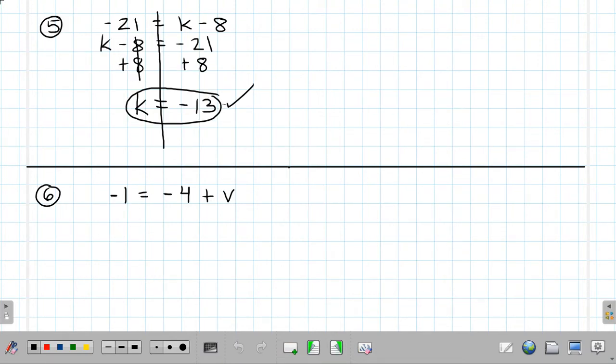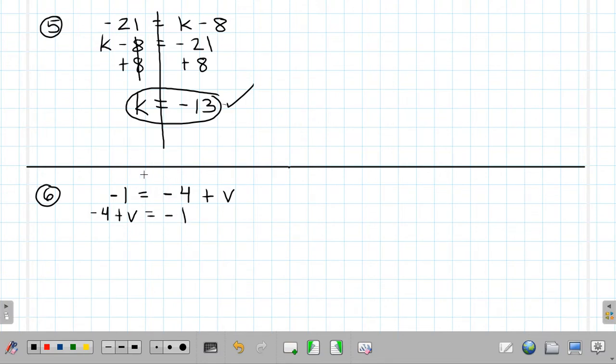And then the last one here, which is the toughest one, but it's the same kind of thing that we had with number 4, in that we've got a constant term plus a variable term. And in this case, it's a little bit different, because our variable's on the right. But like I said, we can just take a couple extra steps here.